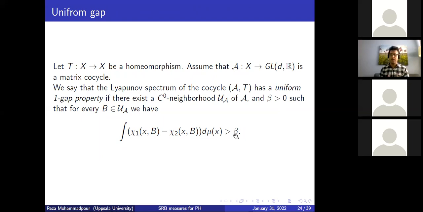It means that we always have a uniform gap between the first and second Lyapunov exponent for all cocycles which belong to the neighborhood. Again, pay attention, I'm not talking about all neighborhoods. I'm just saying that if there exists at least one neighborhood, it is enough.